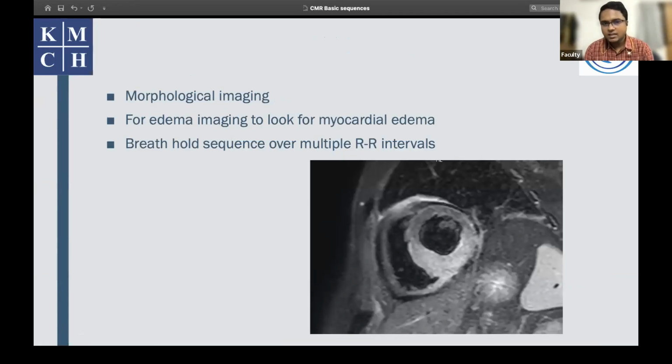This again is used for morphological imaging and to look for edema in the myocardium. And again, this sequence is also basically an inversion recovery sequence. So it will be used as a breath hold sequence over multiple RR intervals.